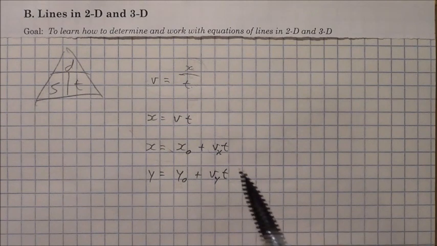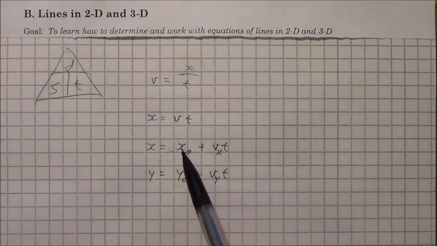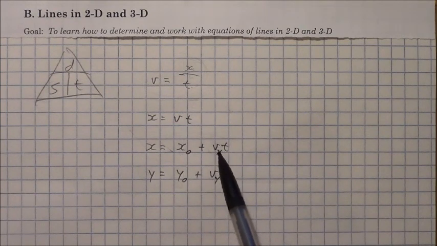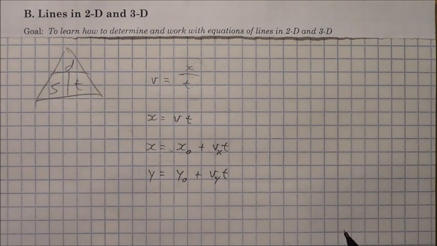We can just set t to be any value we wish, and if we know x naught and v sub x, or y naught and v sub y, we can then find the final position of the particle or the object we're thinking of by substituting in the value of t that we're looking for.